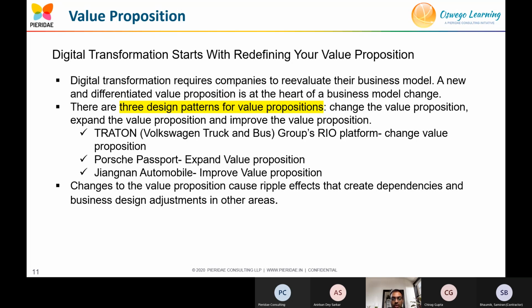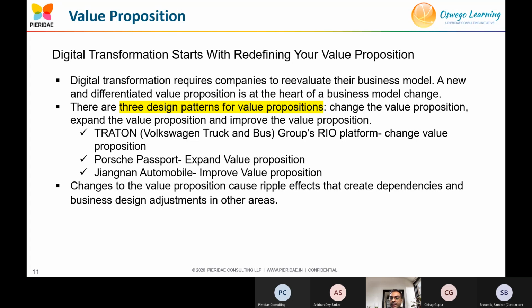Other manufacturers' vehicles can also join Rio, and they have integrated these vehicles with manufacturing organizations and drivers, and they give real-time information about traffic, weather, nearest petrol pumps, gas stations, whatever. An integrated platform. There might be some other features as well that I'm not aware of. So Volkswagen, which was known for manufacturing these vehicles, has moved to a cloud-based platform.